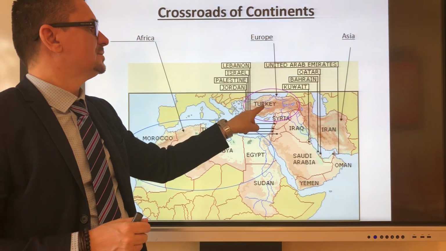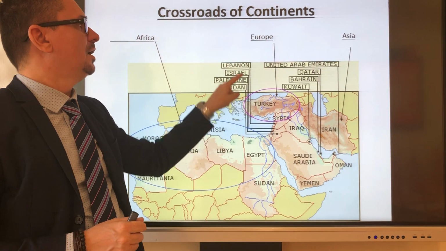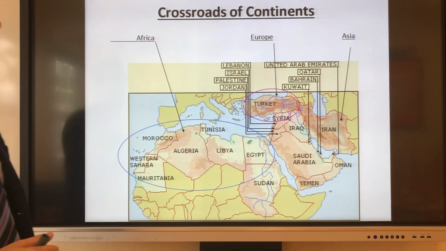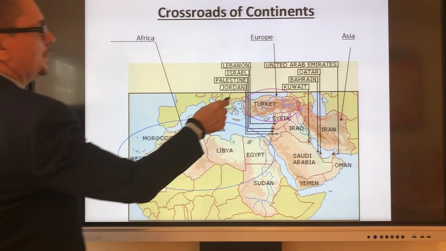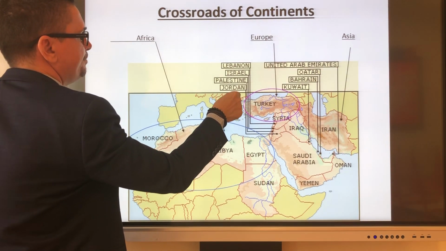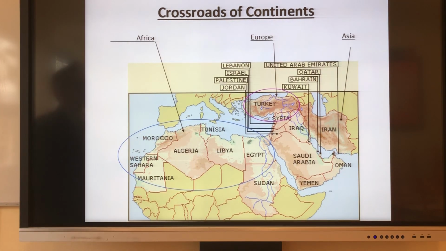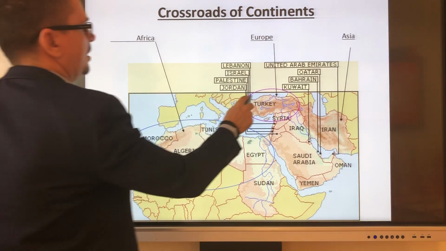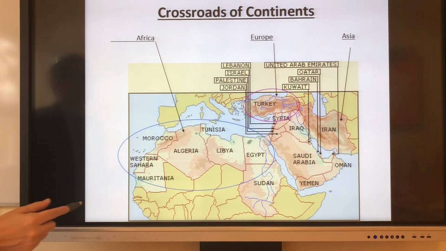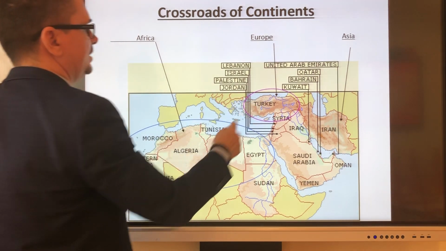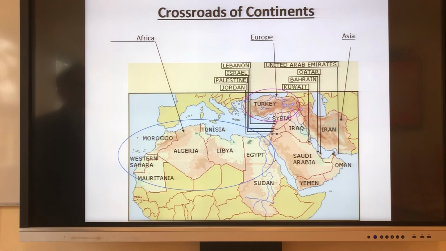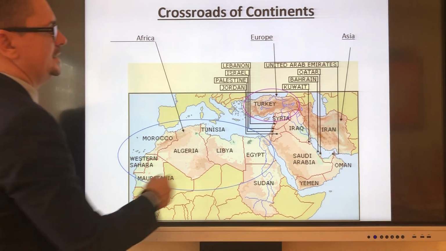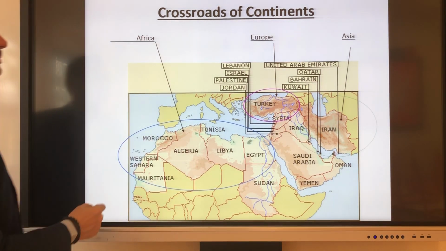Why is Turkey written there under the name Europe? Because a little part of Turkey is literally in Europe, and the other half of the country is in Asia, which is the bigger part, of course, but still it's really a kind of transitory area there between the two continents and lots of Asian countries.